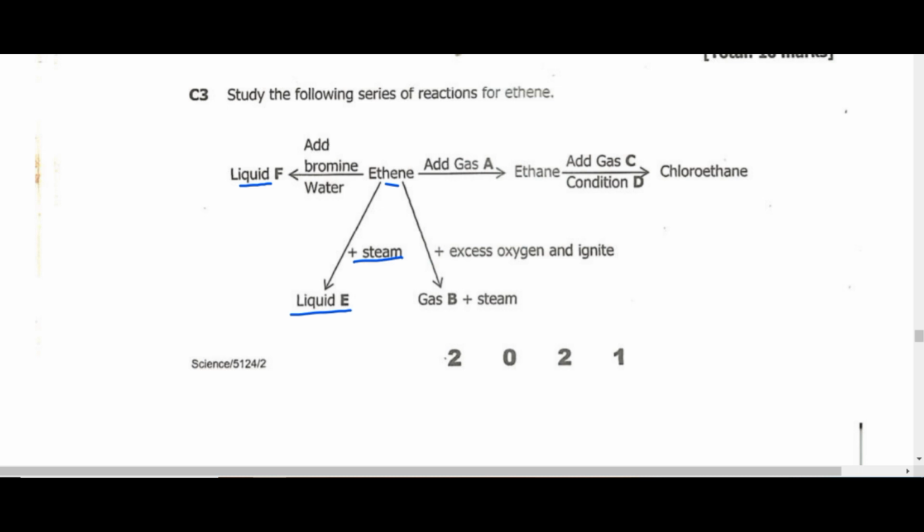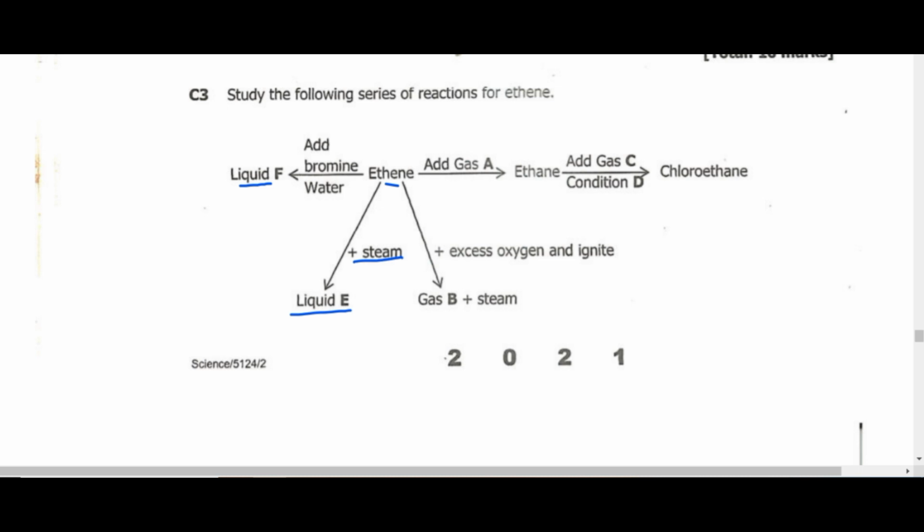So gas B and steam were produced. It is very important that we understand this series which was given here. So let us go by ethene. We start from here, which is ethene. Obviously we can identify liquid E and B, which are very simple.